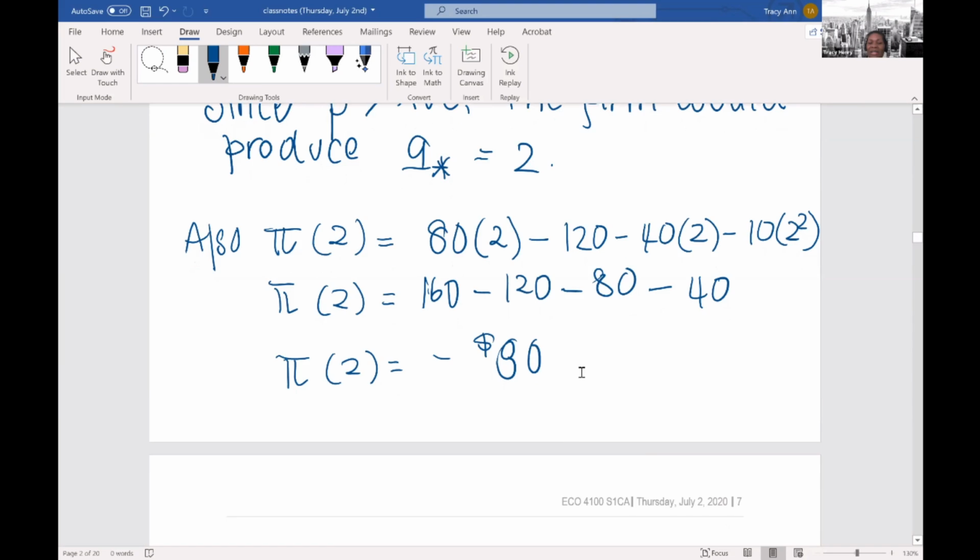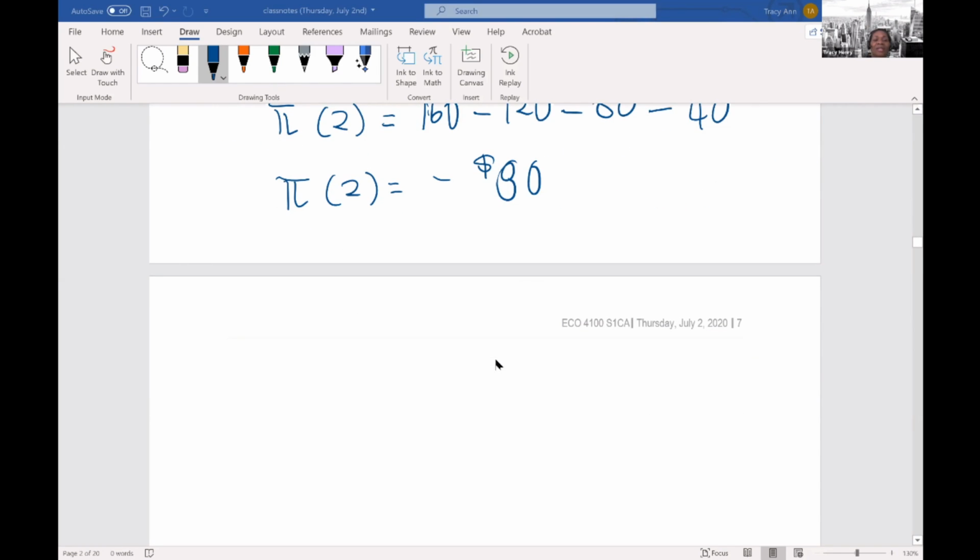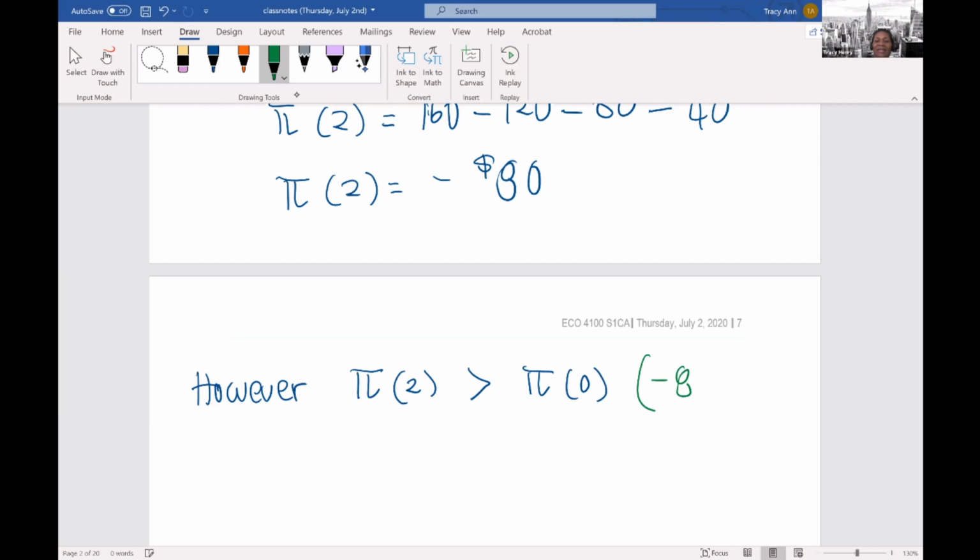Because this negative profit is better than not producing anything and getting a loss of 120. They're able to cover some fixed costs, compared with not producing and getting a loss of 120. Since your profit at 2 is greater than the profit at 0, this is the same as saying minus 80 is better than minus 120.